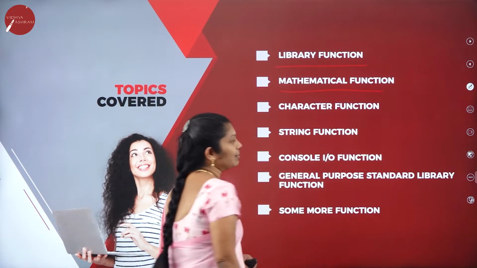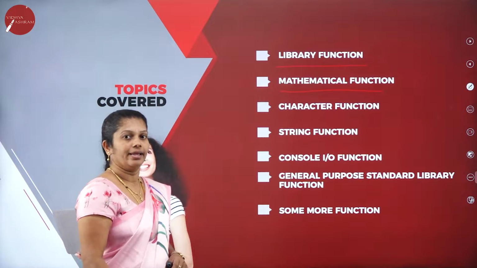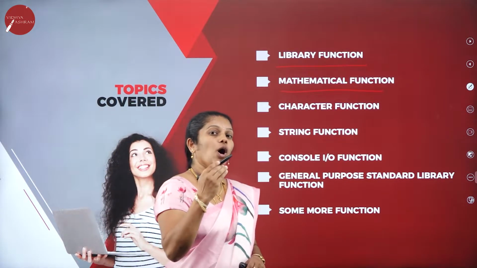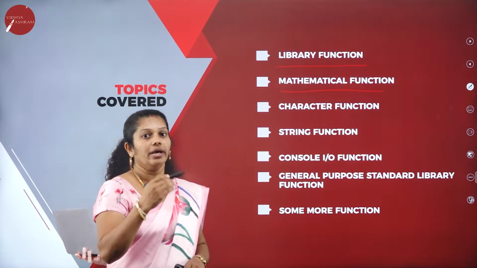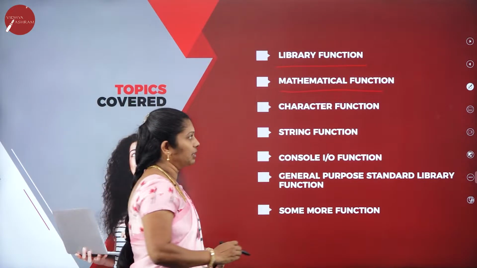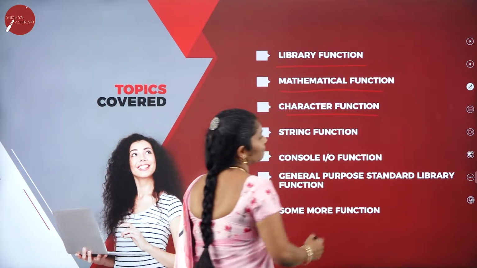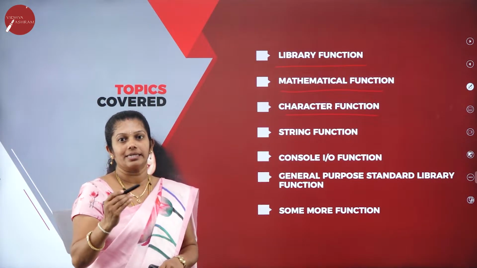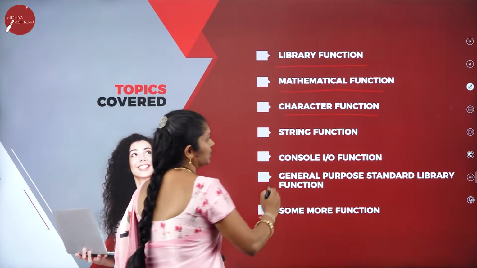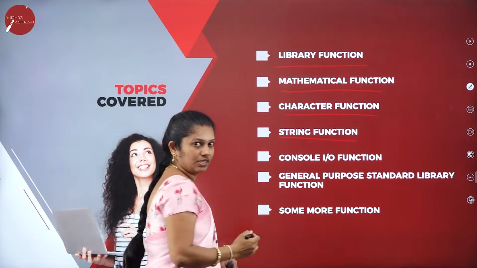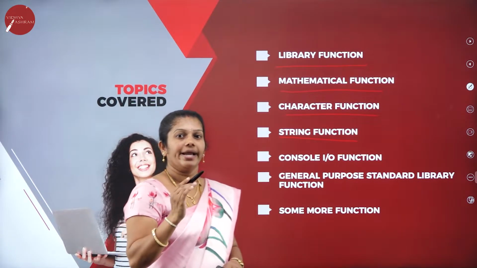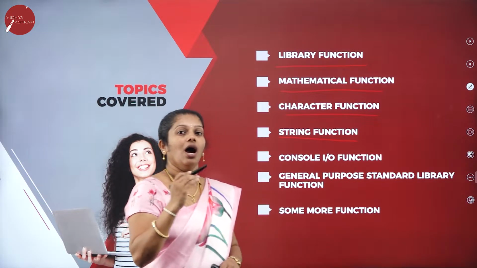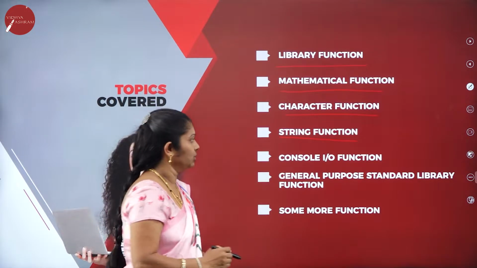Under that, the mathematical functions like addition, subtraction, how to perform square root, absolute, especially mathematical library functions. Then character functions like isalpha, isdigit, character manipulation functions. Then string functions, where a string is nothing but a collection of characters. Which are the functions under string functions?